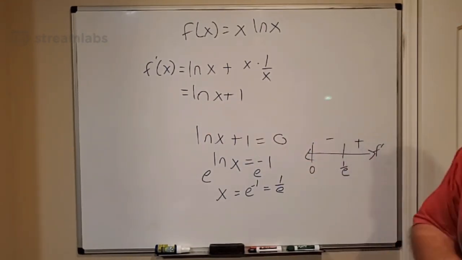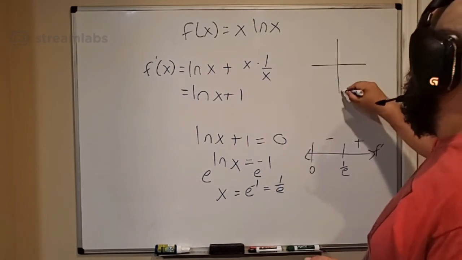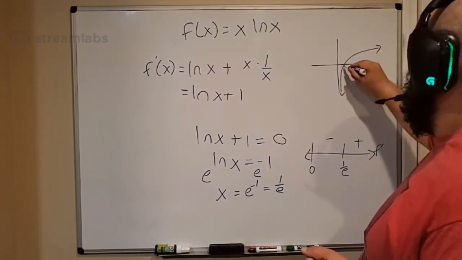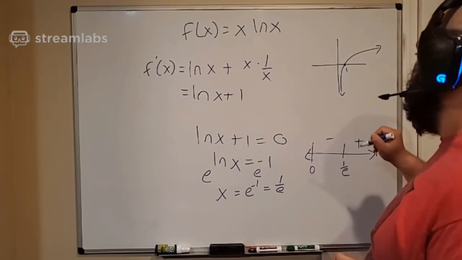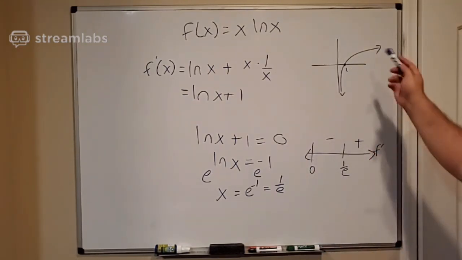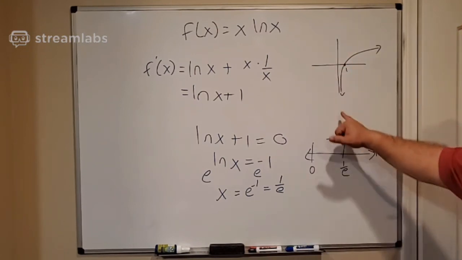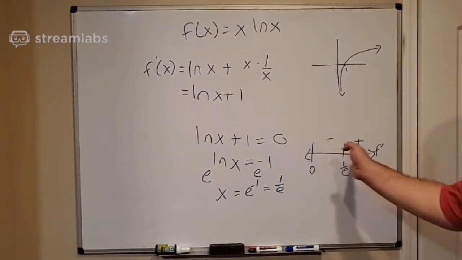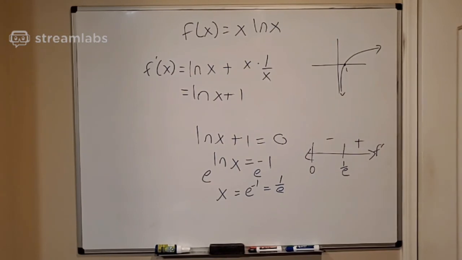So this is all knowing about your graph of ln x. The closer to 0 you get, or the vertical asymptote really, but in this case 0, the more negative it goes. So in between 0 and 1 over e, it's going to be more negative. Does that make sense? Yeah, that does. Okay. So yeah, it's just knowing your ln functions and stuff like that.